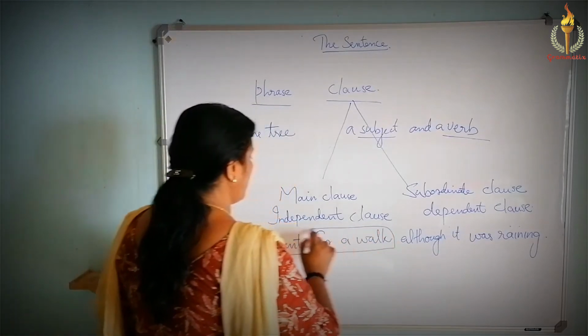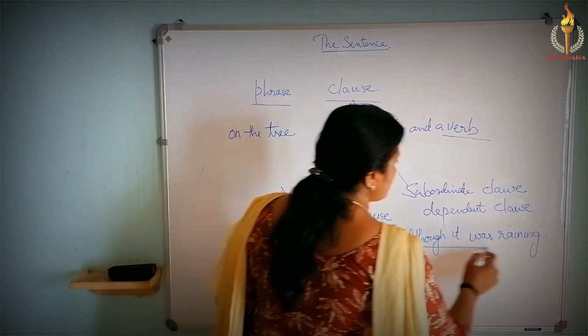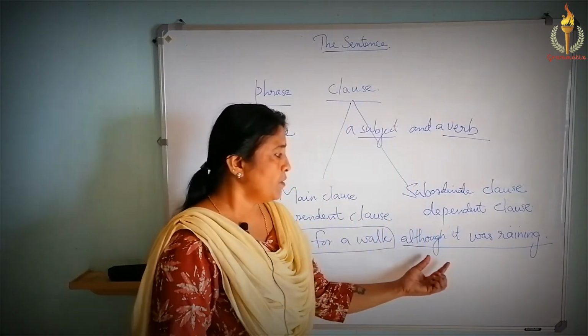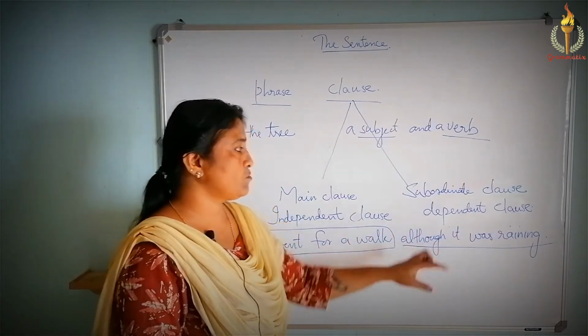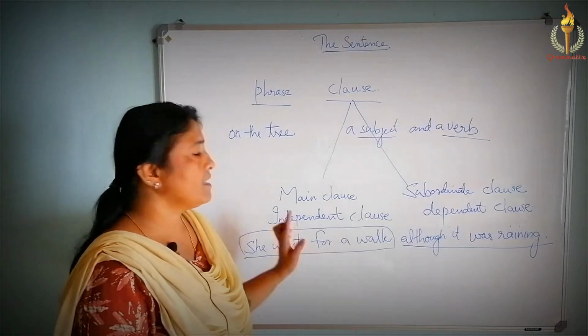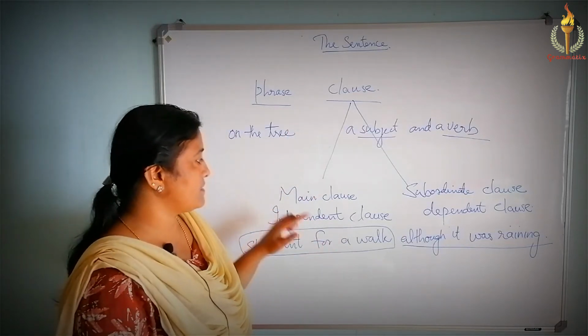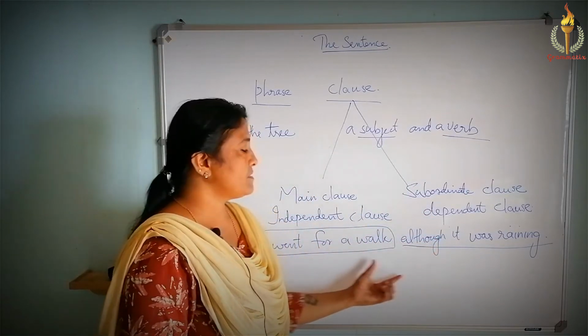It can stand alone. So it is a main clause. Although it was raining, it has a meaning, but it has to depend on this to get the complete meaning. So this is the dependent clause and this is the independent clause. So again, main clause, that is independent clause, subordinate clause, that is dependent clause. So this is an example for it.